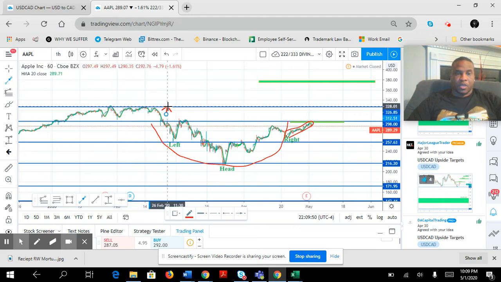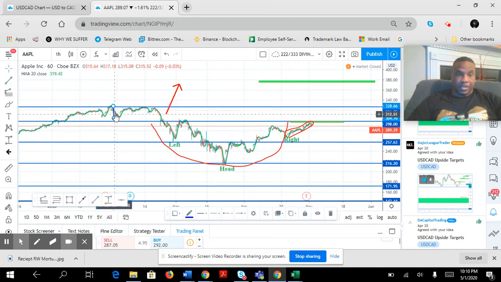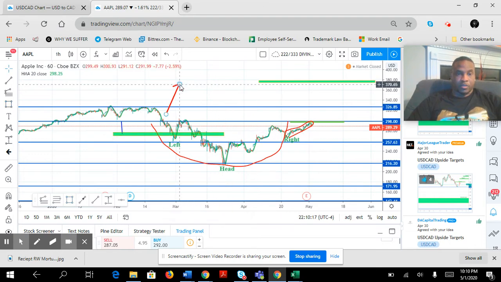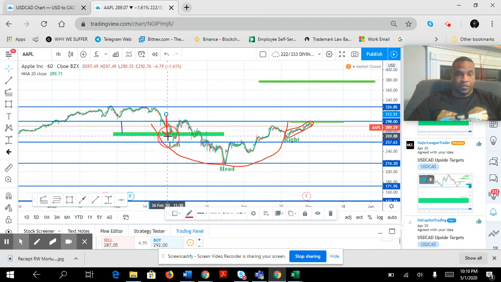And when it breaks this neckline, which it did, it went to the downside. If you just measure from here to here, bring it down, boom, bam, targets. What did it do? Smash through targets.